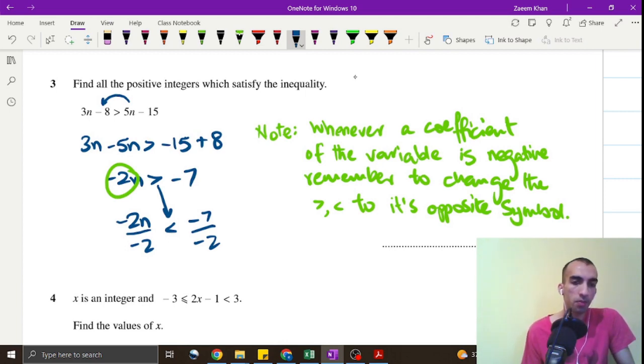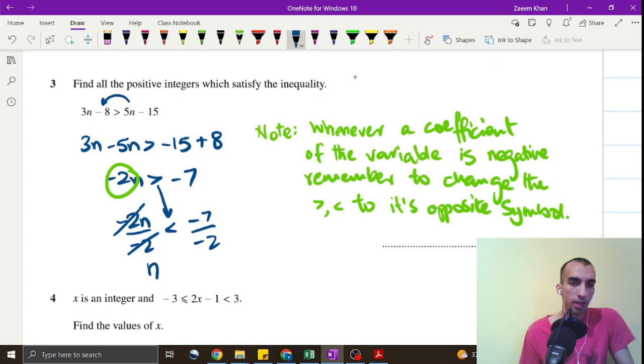Does this make sense, Rida? What's the next step going to be? Can I cut this negative 2 out with this negative 2?